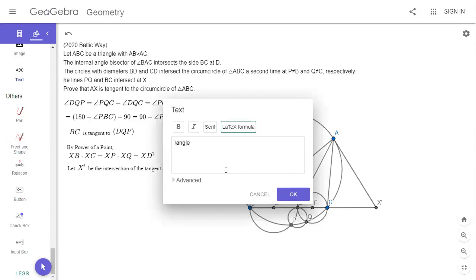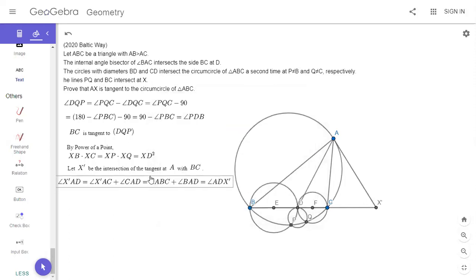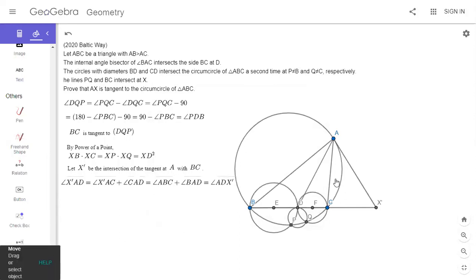We have angle X prime AD equal to angle X prime AC plus angle CAD, which is equal to angle ABC plus angle BAD, which is equal to angle ADX prime. I like this. And so that means that X prime A is equal to X prime D.